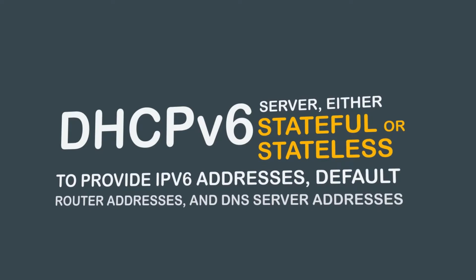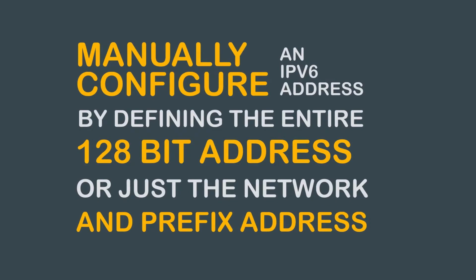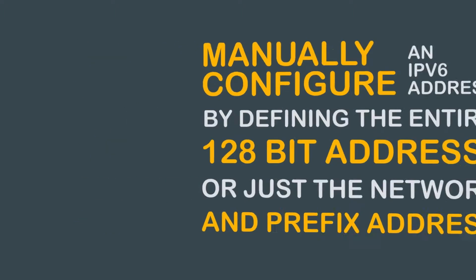You can utilize a DHCPv6 server, either stateful or stateless, to provide IPv6 addresses, default router addresses, and DNS server addresses. You can also manually configure an IPv6 address by defining the entire 128-bit address or just the network and prefix address.